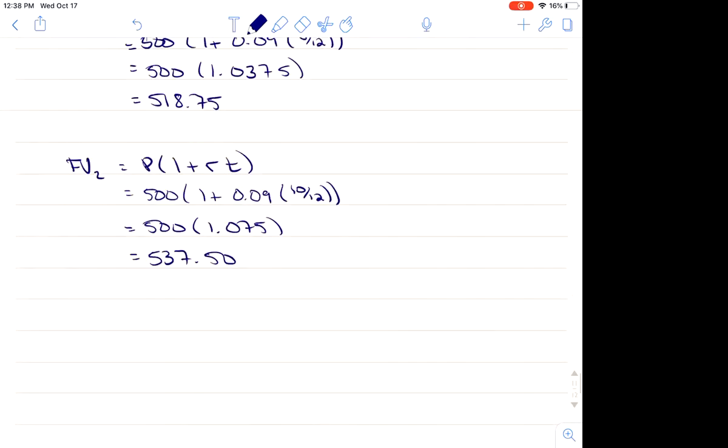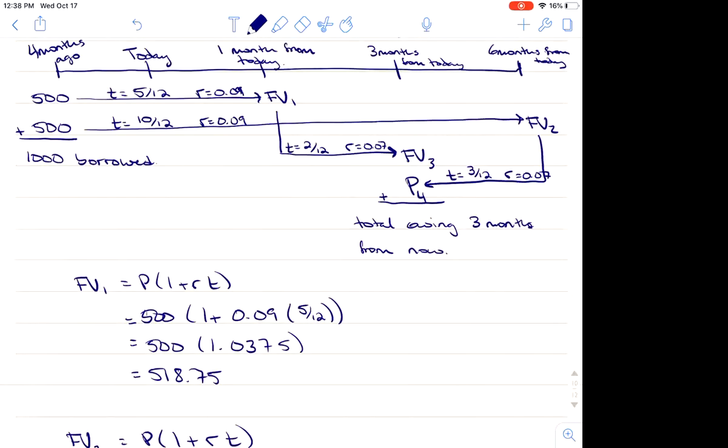So now we need to figure out future value 3. Future value 1 becomes the principal amount, because she has to borrow that amount again for another 3 months, because she's not paying it back. So she has to borrow it again at this new rate of 7%.